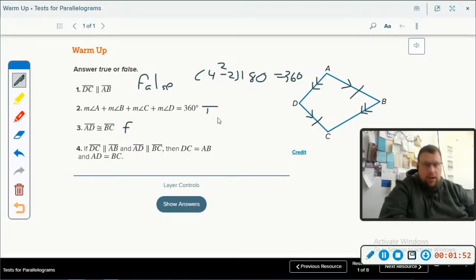That's true. And AD equals BC. That's also true, because they're opposite sides of parallelograms, right? If they're both parallel, it's a parallelogram that's created, which means it doesn't really matter how bad the drawing looks. We can say those sides are equal, so this is all true.